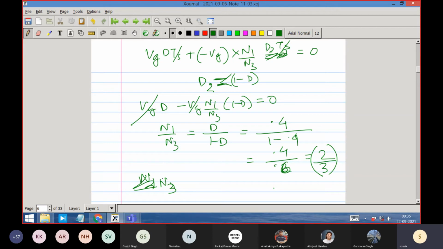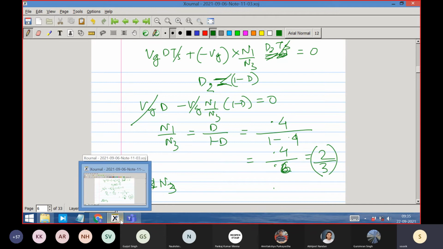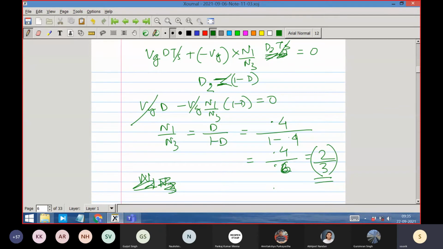As long as N1 by N3 is greater than 2/3, it is the extreme case. As long as N1 by N3 is greater than this, the volt-second balance will be happening. So if N1 by N3 is greater than 2 by 3, the volt-second balance will be happening. That's what the answer is.